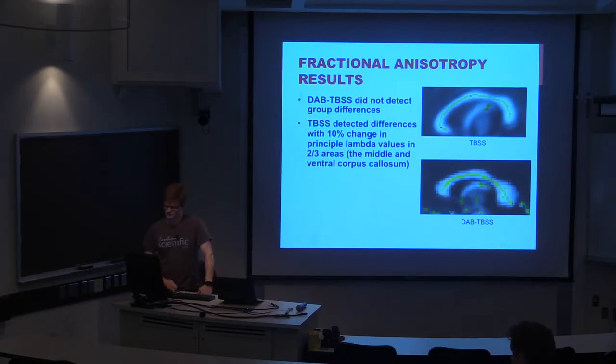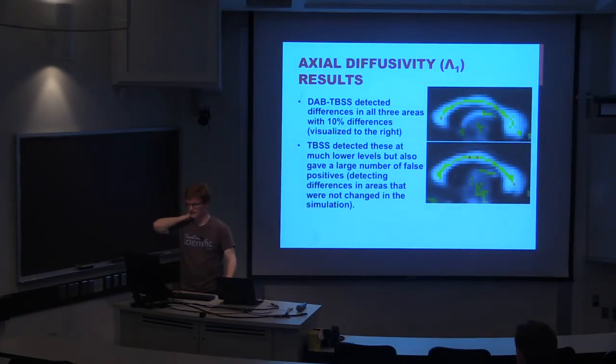So basically, it's performing deformations directly on higher values of fractional anisotropy, whereas that wasn't the case with axial diffusivity, and so in this case TBSS was a lot less successful.